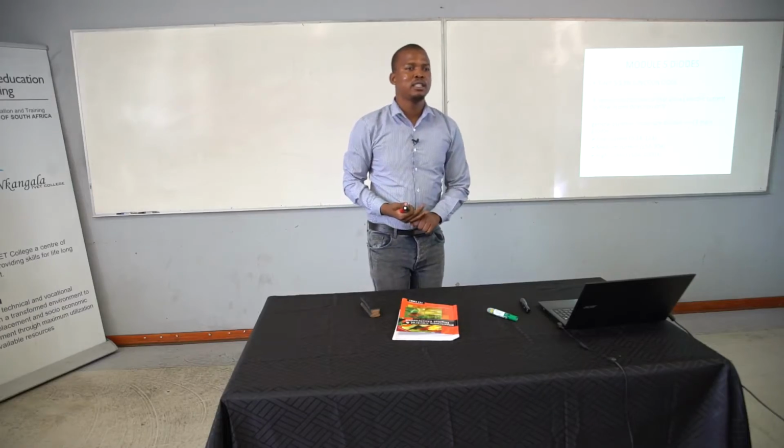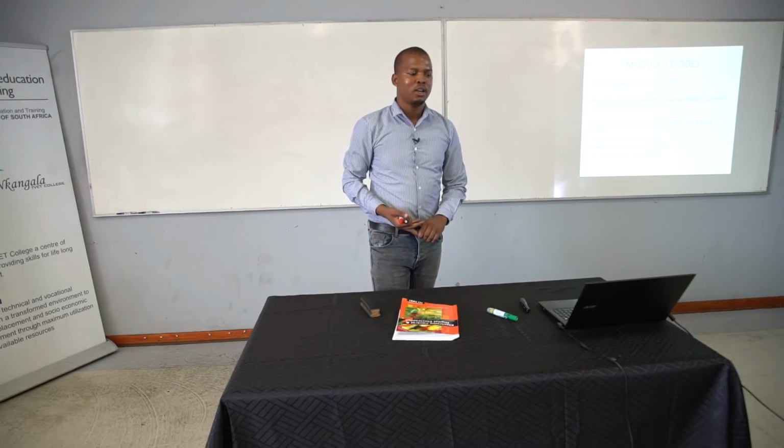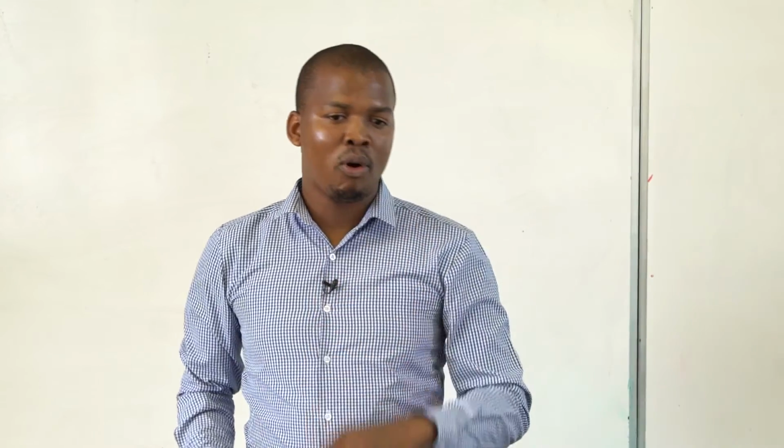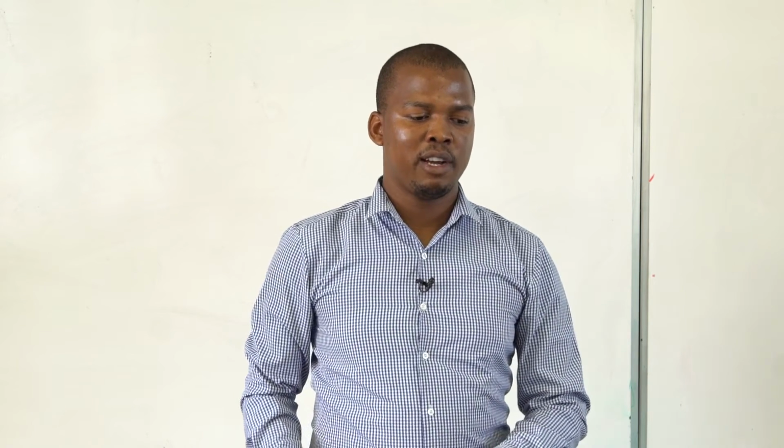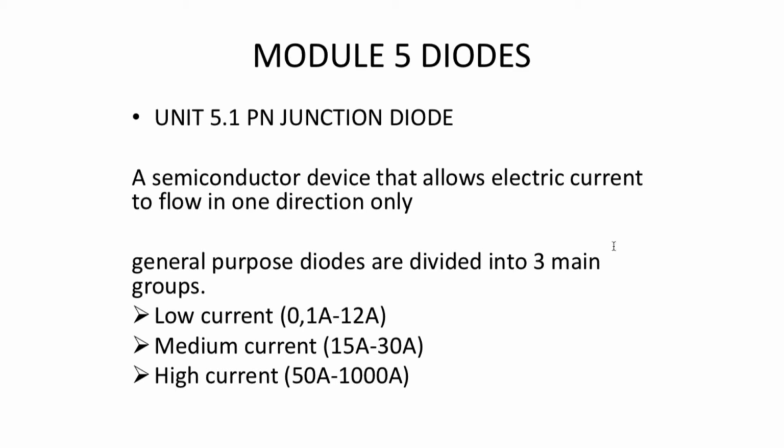Now that we have learned about the PN junction, we're going to learn more in Module 5 about the diodes. Unit 5.1, PN junction diodes. A PN junction diode is a semiconductor that allows electric current to flow in one direction.